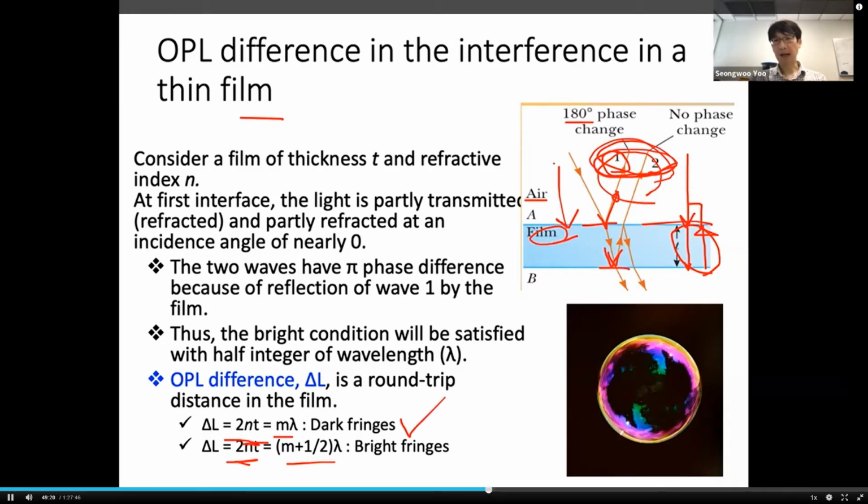Okay, I will move on to the next question. Is there any phase change due to the refraction? Well, we don't have a phase change by the refraction, but we have a phase change by the traveling. When I started this lecture, I drew this sinusoidal wave traveling in this direction.